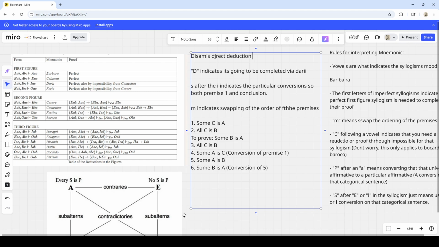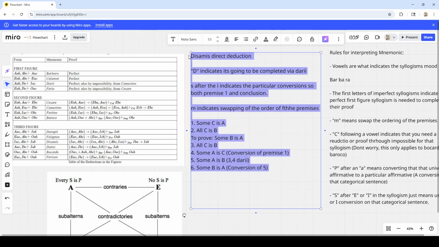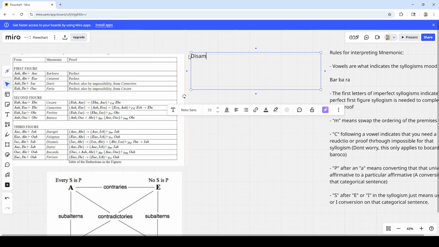This is direct deduction. And in the syllogism we use to prove Disamis, it's Darii, obviously, because the letter D indicates it. And so let's say we wanted to prove Disamis via reductio ad absurdum, right? Proof through the impossible. Since we already proved it by direct deduction, now through the impossible.